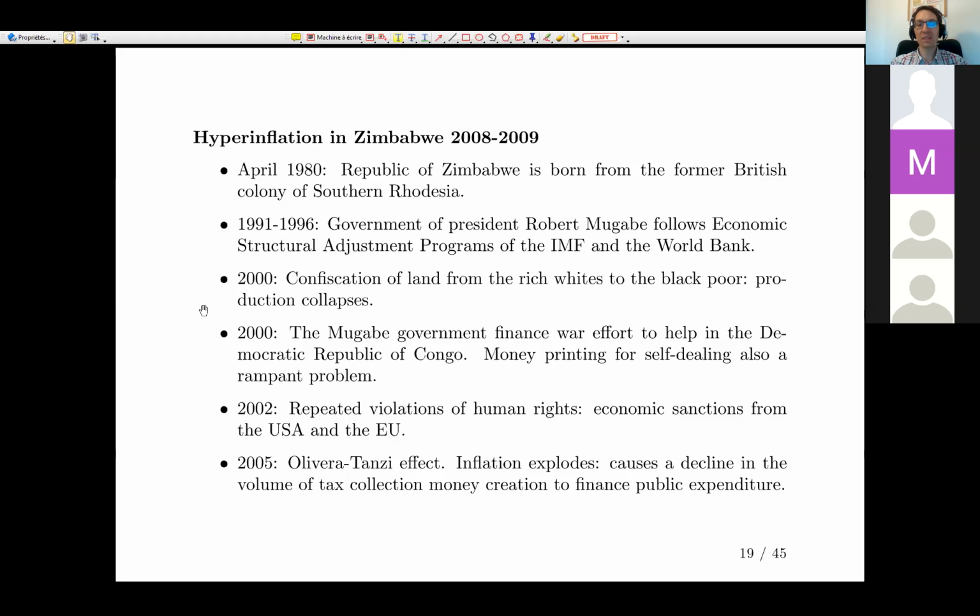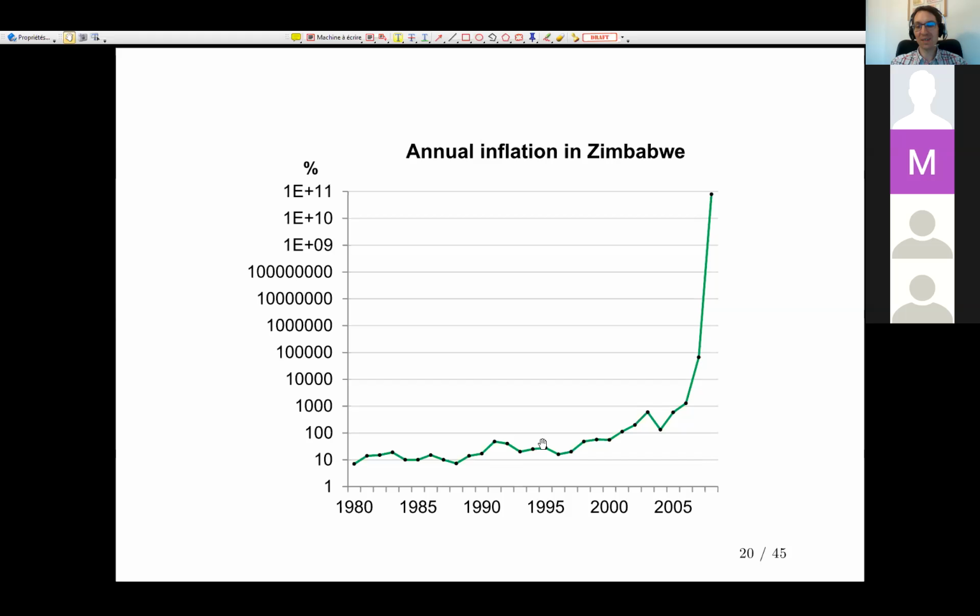What's clear is that all of these things increased the money supply and decreased the economy. Plus, there was this Olivera-Tanzi effect, so inflation exploded and the government didn't have enough money to finance its war or the current programs, so they printed even more money. So that's when this inflation started.